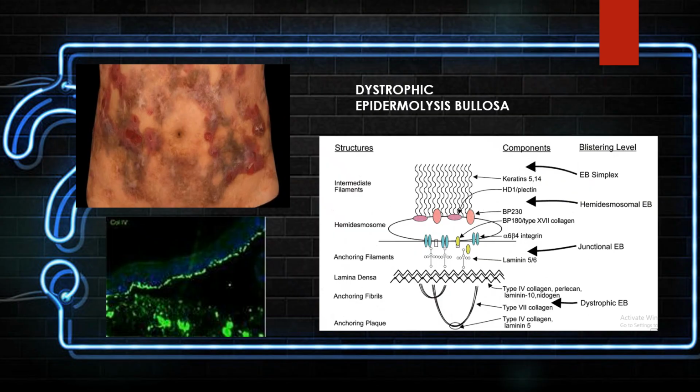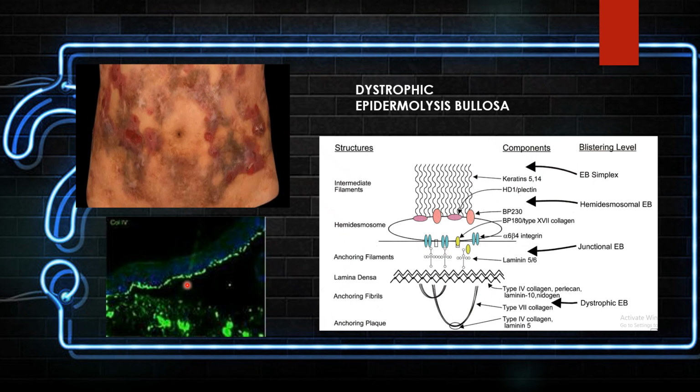This was image number 2 of the prior episode. As you can see, tense blisters, a few of them of different ages, leaving scars, have been shown in the image, and the main clue was hidden in the immunofluorescence study.